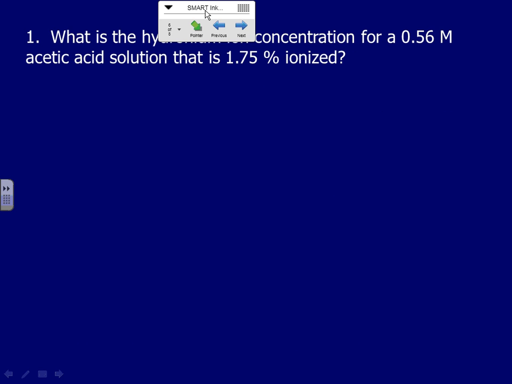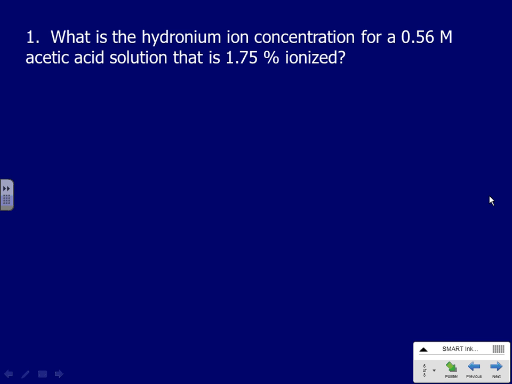Okay, let's do a couple of examples here. Now, this example that I'm starting with is actually the more difficult calculation.